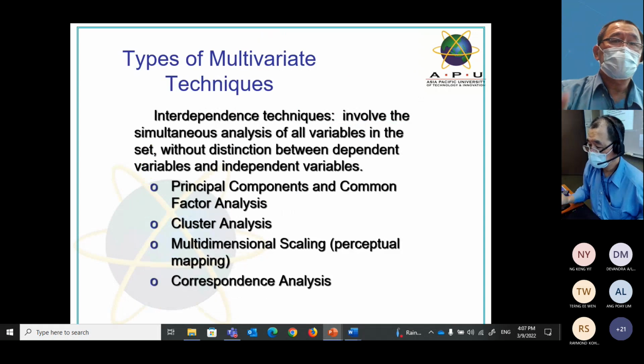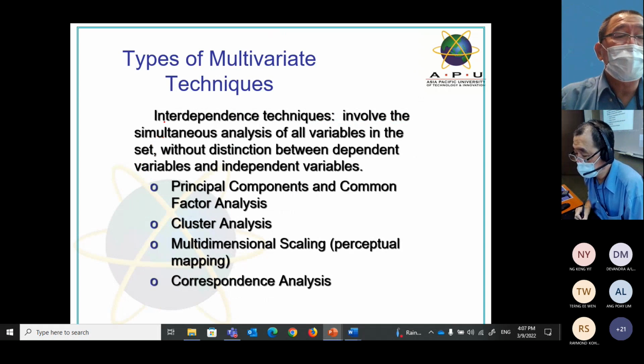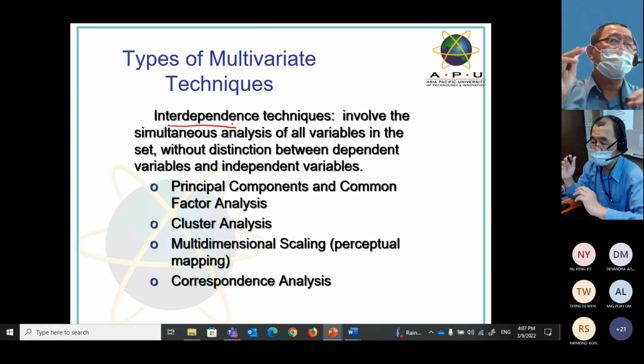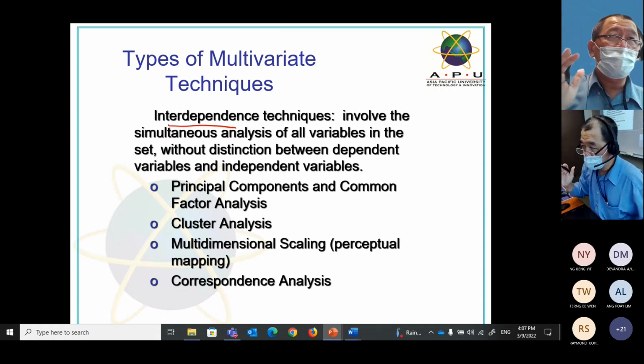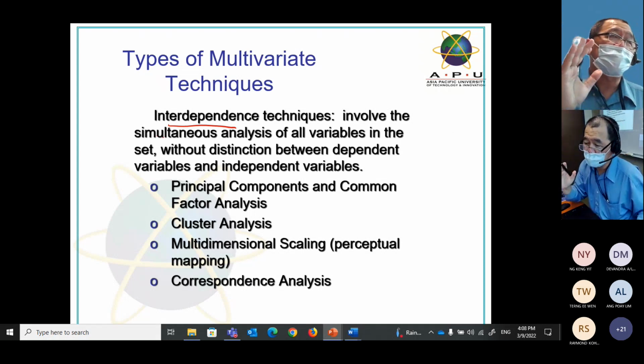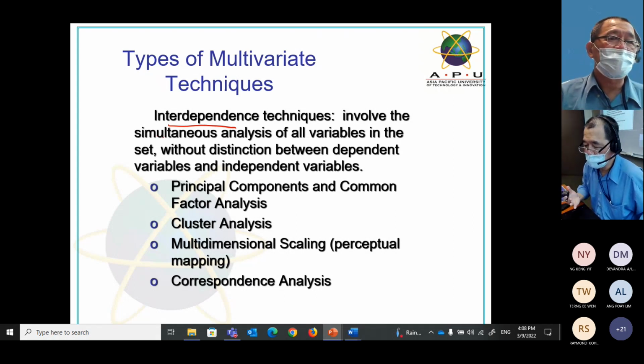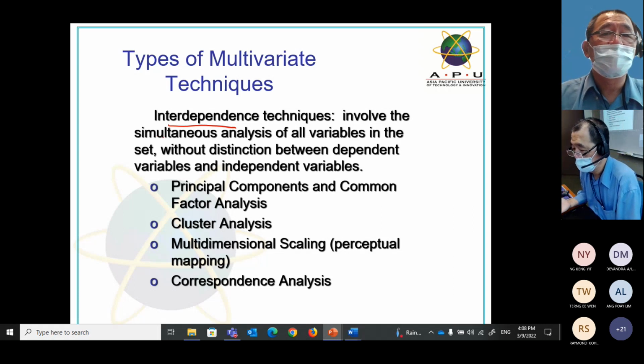Next is interdependent. Interdependent means, let's say in your data set you have 10 variables. You cannot say which one is the dependent. They are all at the same level. This is the interdependence technique.